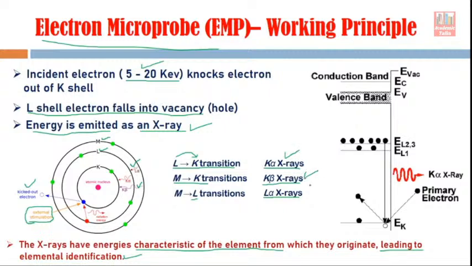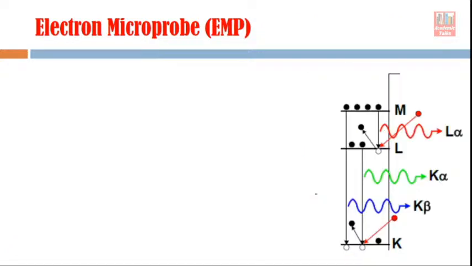So what we have to do is identify the energy of these X-rays, and once we identify the energy of X-rays, we can use those energies to identify that particular element from an unknown sample, right.